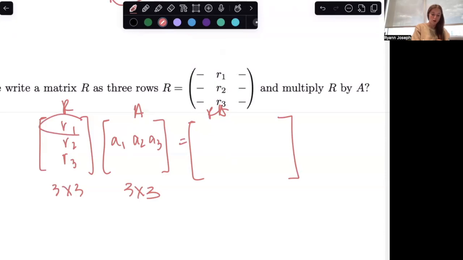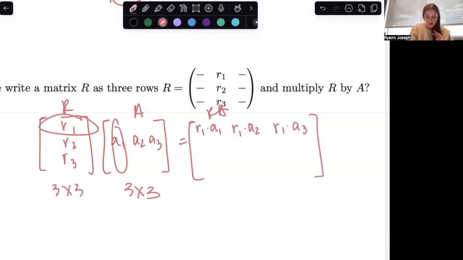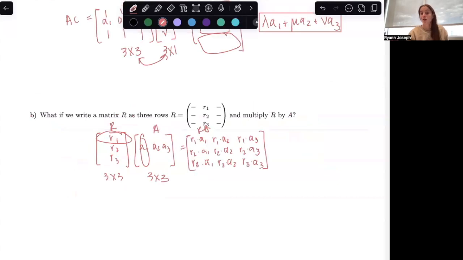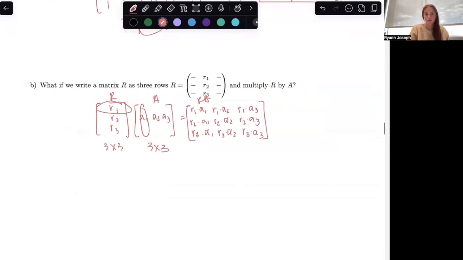We always do the row dotted with the column. So in this case, it's row 1 dot A1, row 1 dot A2, row 1 dot A3, row 2 dot A1, row 2 dot A2, row 2 dot A3, row 3 dot A1, row 3 dot A2, row 3 dot A3. The idea of a dot product will come back in week 7, so keep it in the back of your mind. I would assume you know what a dot product is.